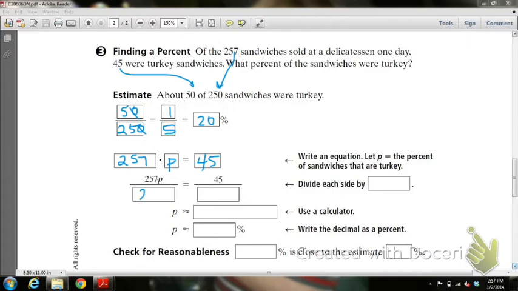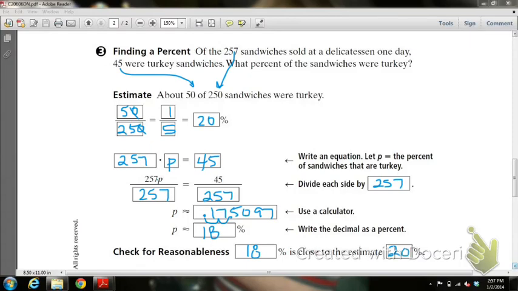So again, to undo multiply, we're going to divide both sides by 257, because that was the number touching the p. We use a calculator here, and you get 0.175097, which, to turn that into a percent, move the decimal 2 places, would be 17.5. I'm going to round that to 18%. And 18% is really close to our estimate of 20%, so we're okay.